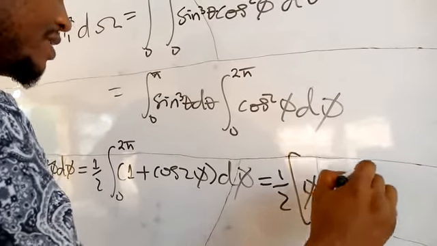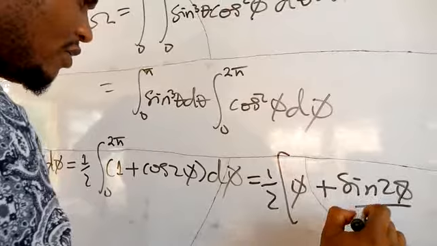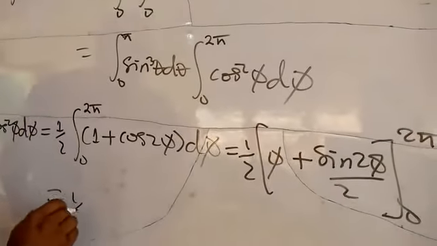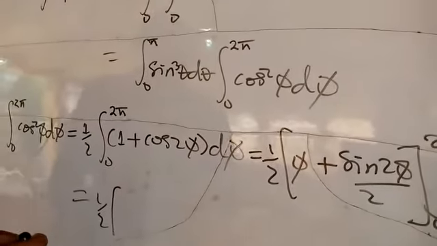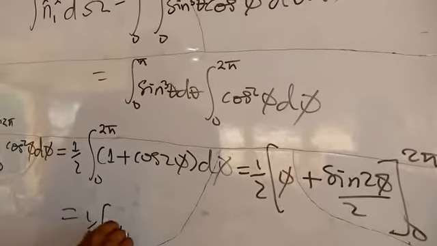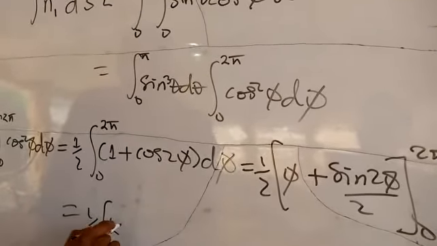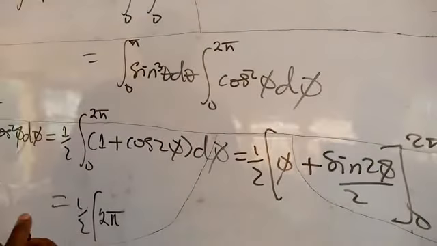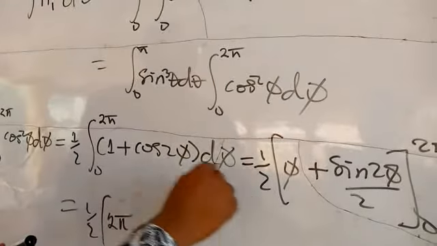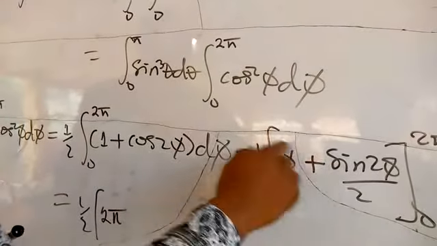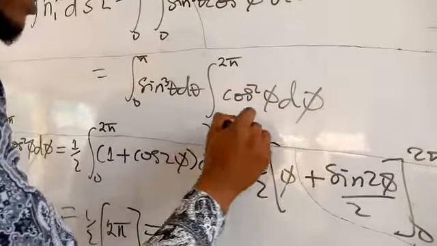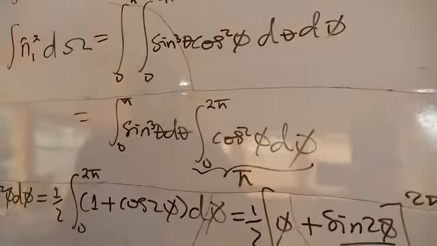And this would be simply plus sine 2 phi all over 2, 0 to 2 pi. Evaluating that, I'm going to have here just 2 pi for the first one. Sine 2 pi is 0, sine 0 is 0. So in the end, when I do the minusing, I'll substitute 0 for both sides again. So all I've got here is pi for this one. So this particular factor here gives me a pi.